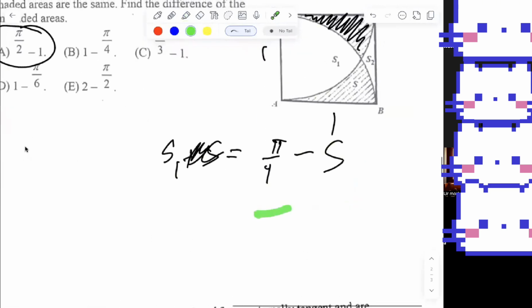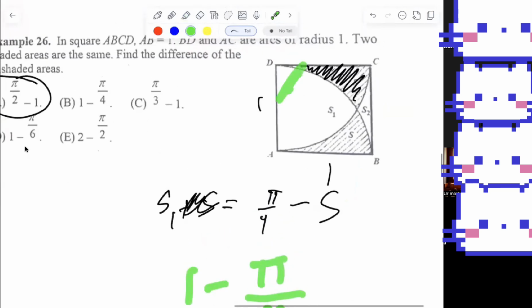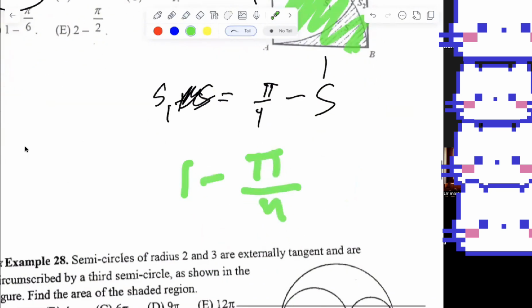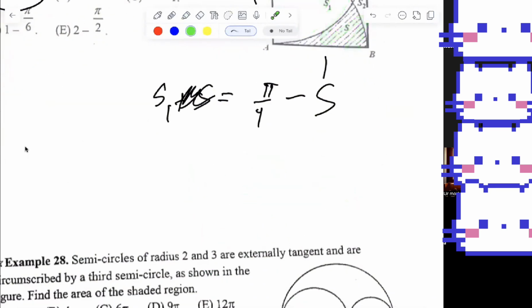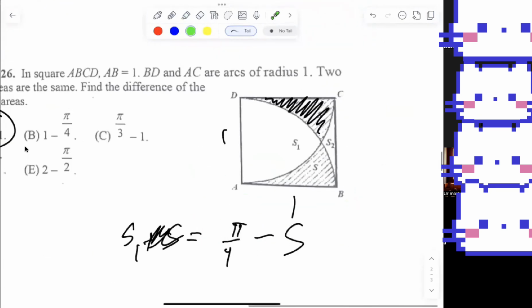The area of this entire square is 1, and we subtract S. It's that simple. Why? Because this shaded region is S, and the area of this region is 1 minus pi fourths minus S.